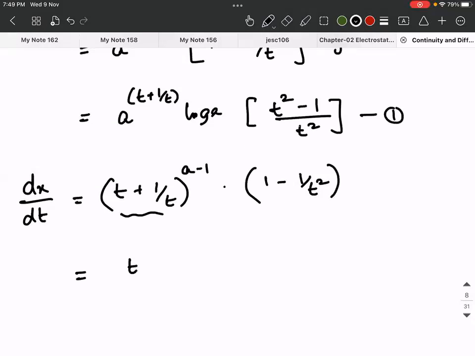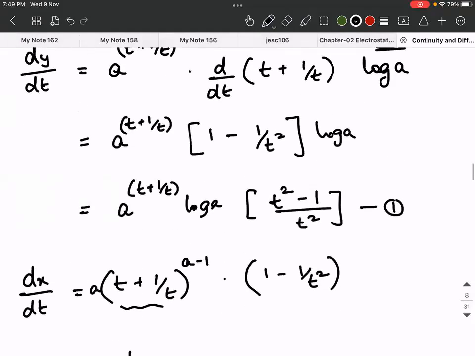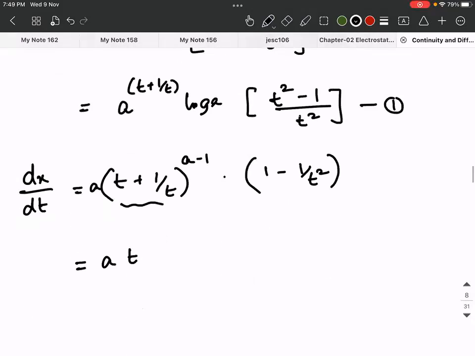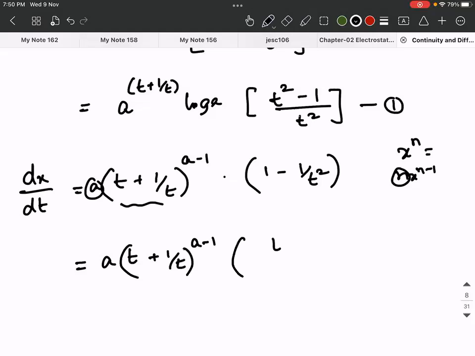So that will be a times, a is there, because x power n is n x power n minus 1. In the place of n, I have a. Am I clear? t plus 1 by t to the power of a minus 1 into t square minus 1 by t square. Actually, we need not do this because it's getting cancelled.